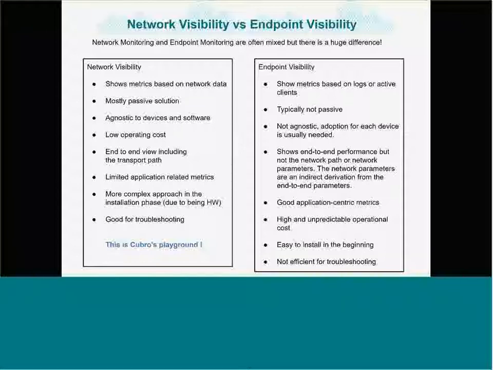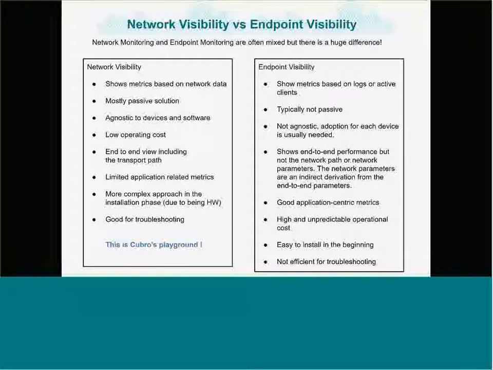What we do at Cubro is we still do real network visibility. The other option, what many people do at the moment, and many of our big competitors go this way, is endpoint visibility. They add a little bit of software on the devices and then they produce traffic. Many big players do this because they don't have our technology and they don't want to do it in our complex way.